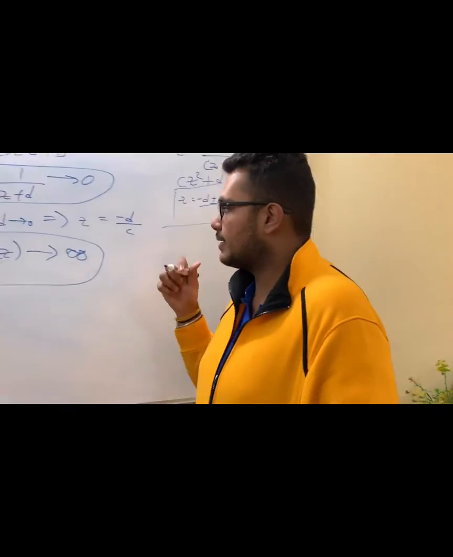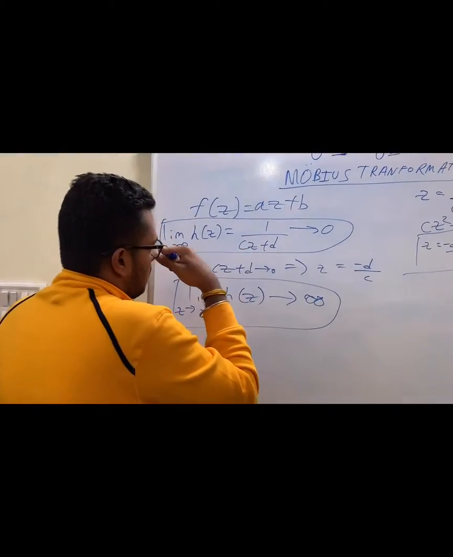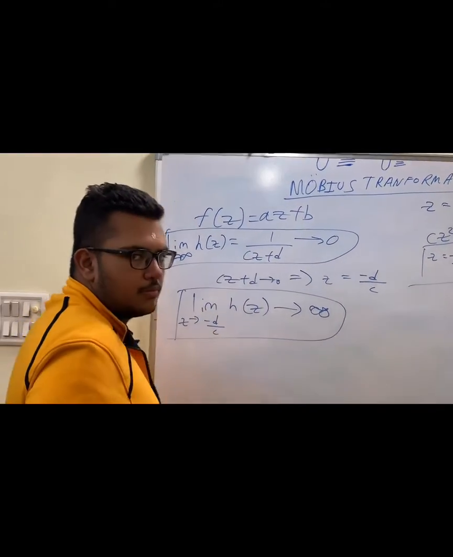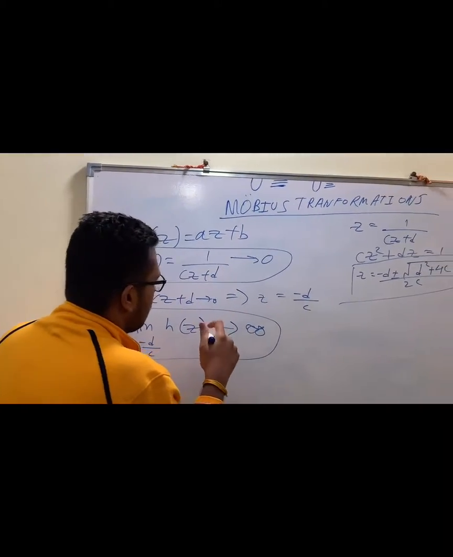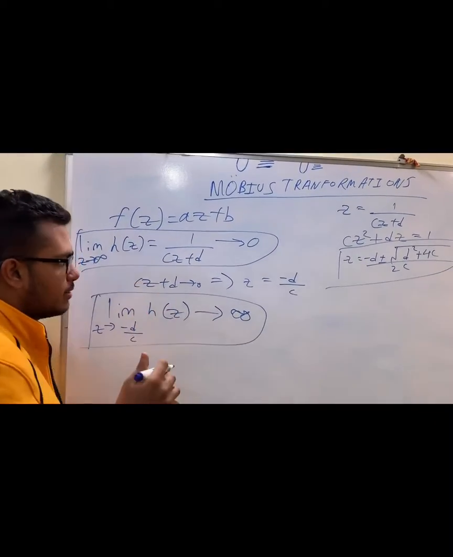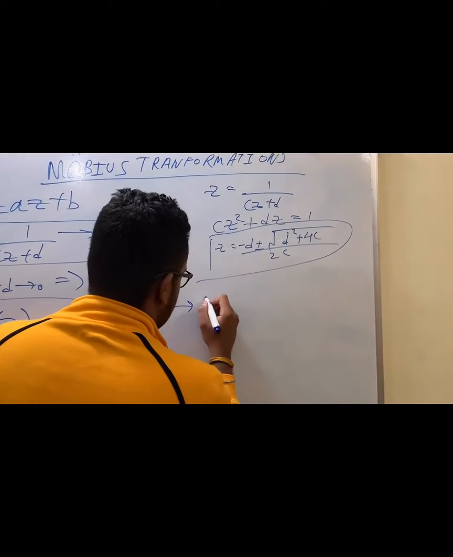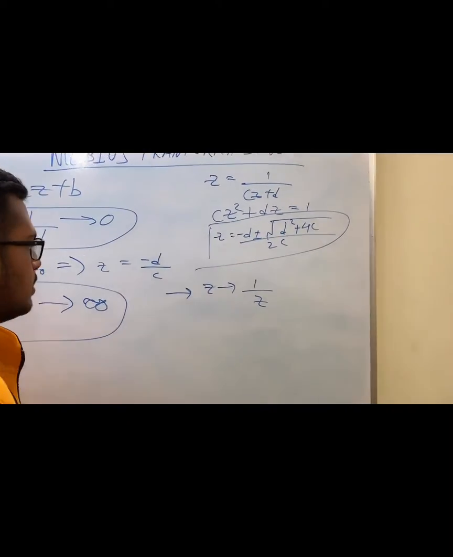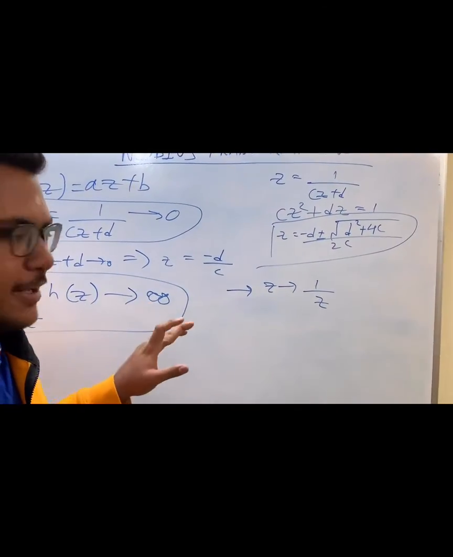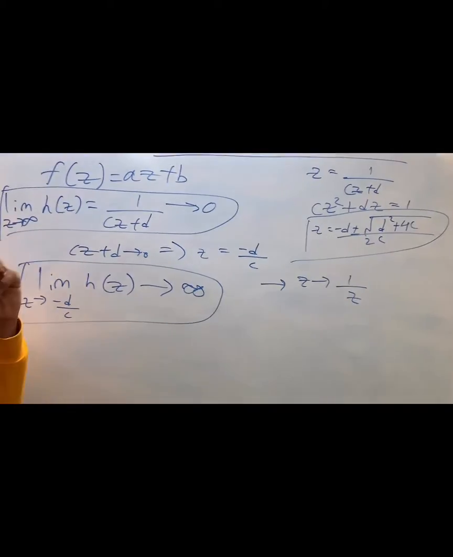Okay, but there is one thing. This mapping starts off with an inversion. That is to say, 1 over cz plus d is basically an inversion, where z goes to 1 over z, with some constant of proportionality. So this starts off with an inversion.